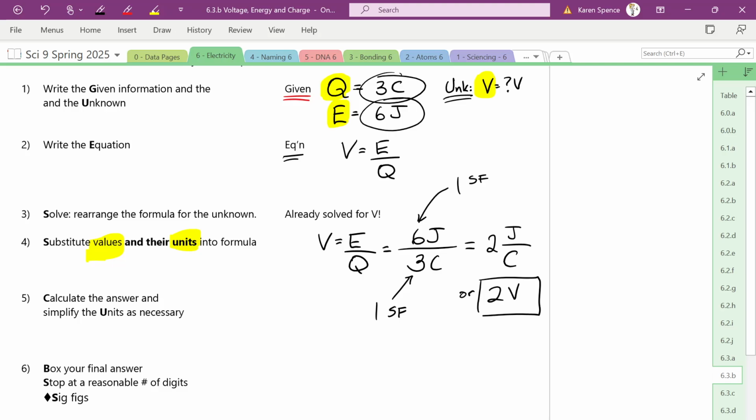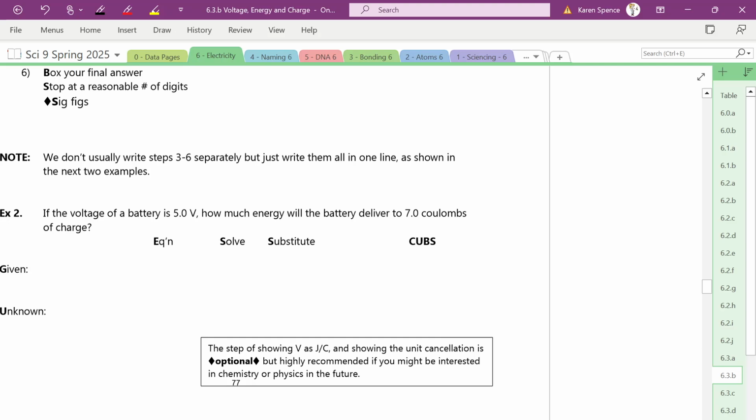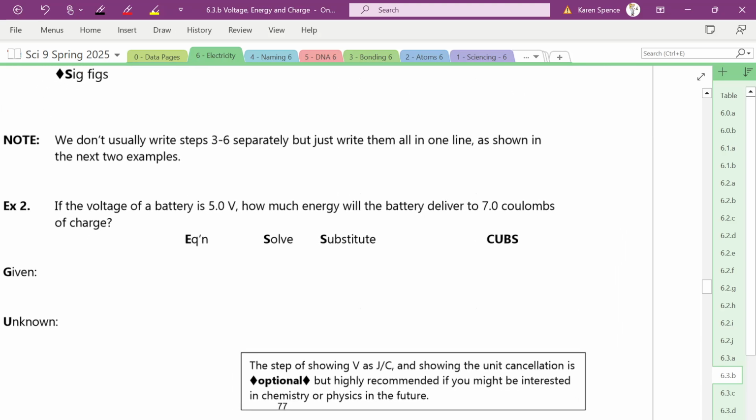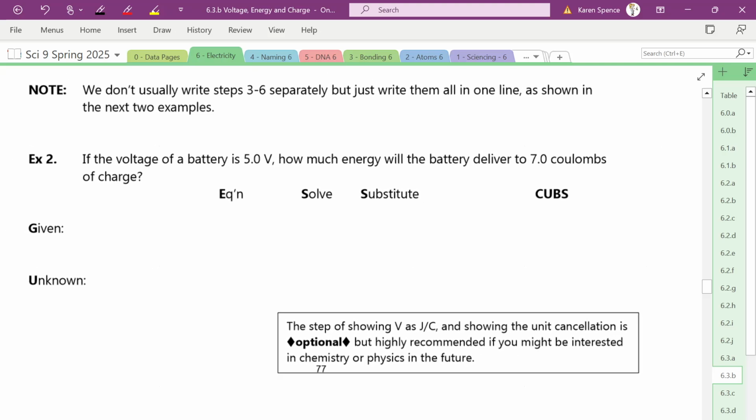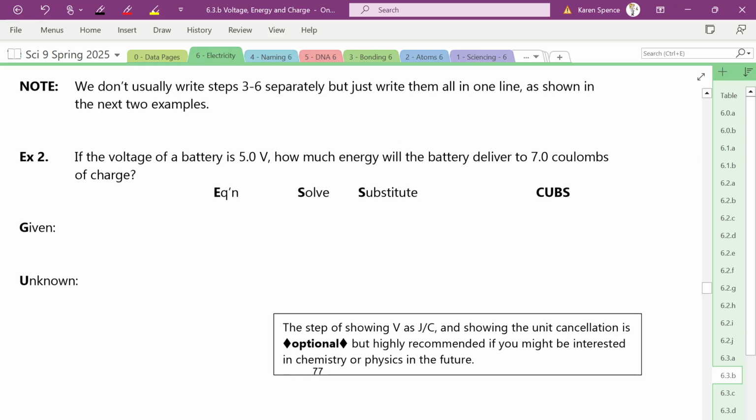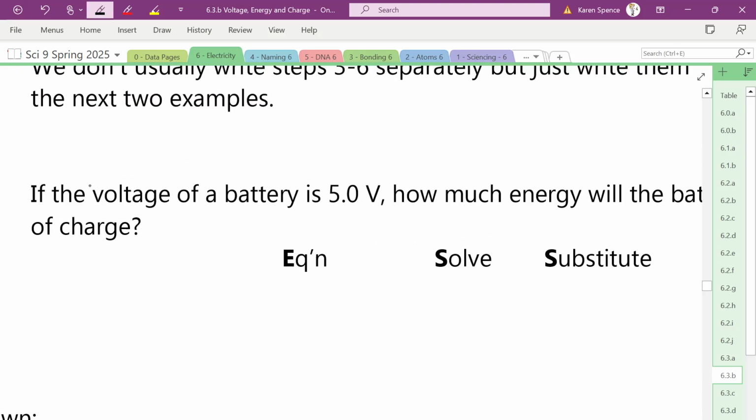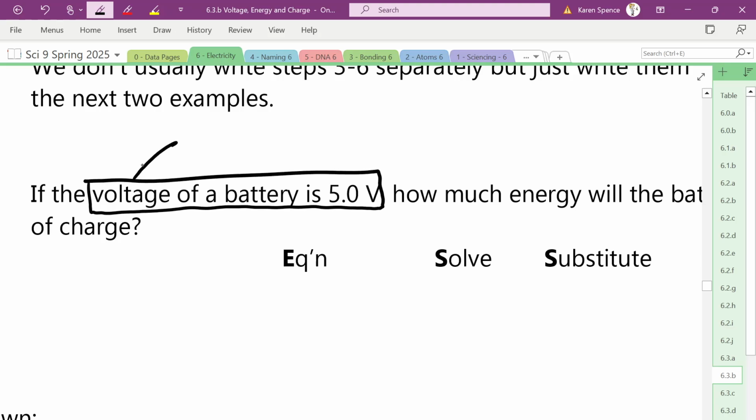Are we starting to feel pretty confident about doing these questions? Yeah? Okay. Let's try another one. Okay, so here we go. We have the voltage of a battery is 5 volts. So we have voltage is 5 volts.